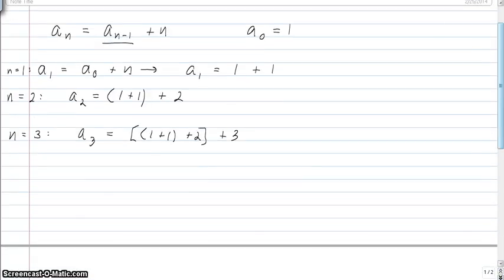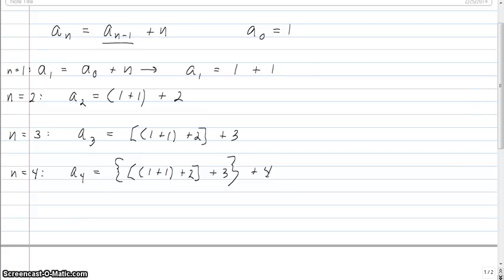It's going to get a little hard to read if I go too far, but if I do a4, that's the previous value, which is all this stuff, so I guess I need to use braces. And then plus n, which is 4.